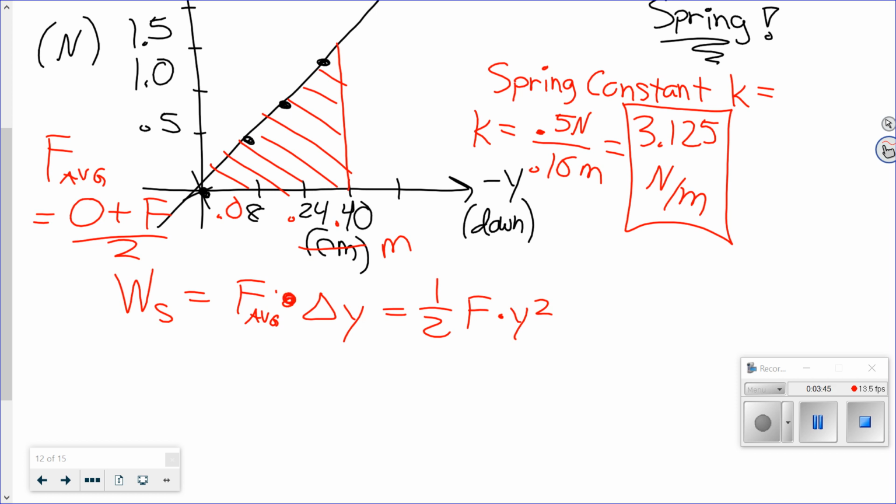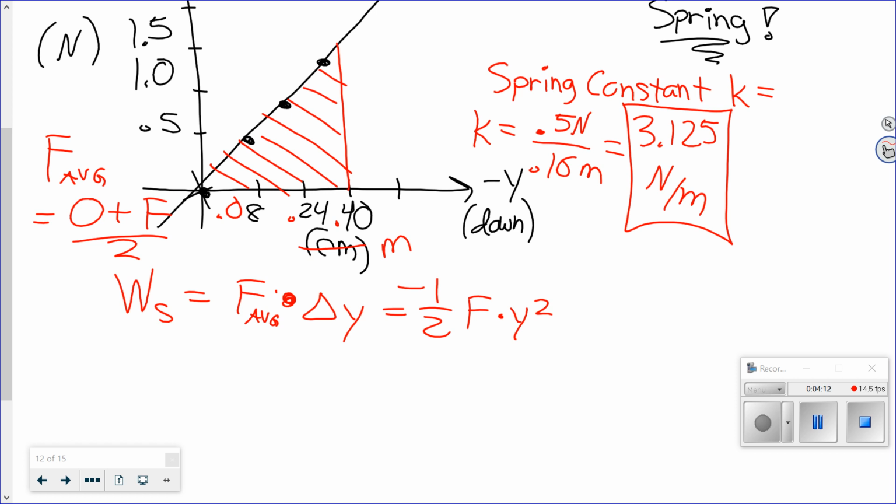And in a spring's case, they are always in opposite directions. The spring doesn't exert any force unless I pull it in the other direction. It would just snap back to normal. So the work done by the spring is negative. If the spring's doing negative work, oh look, that means gravity is doing positive work.